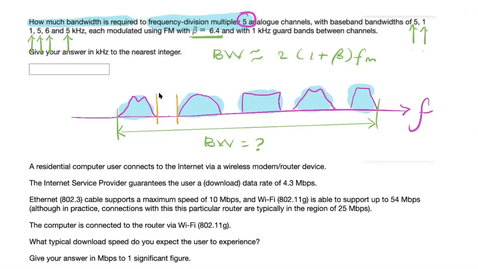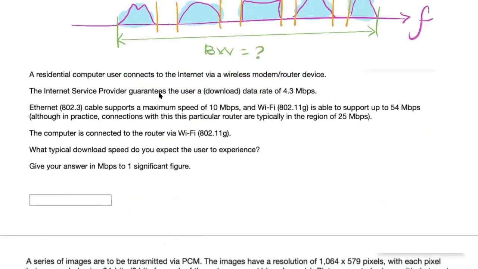So we're told that we have 1 kilohertz guard band between each of these. So because there are 5 channels, you'd add 4 times 1 kilohertz. It's confusing here because it looks like there are 6 channels. I'll need to check the question, how it appeared to you. I hope you didn't see 6, but if so, I'll fix that.